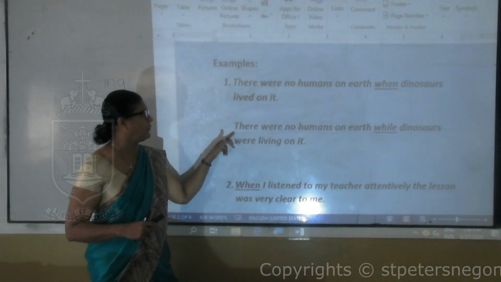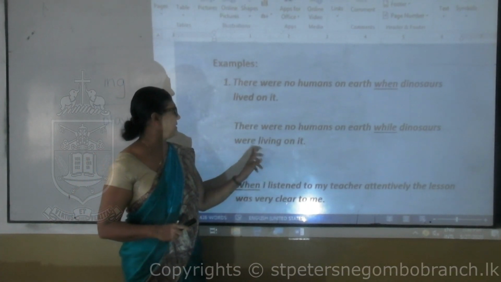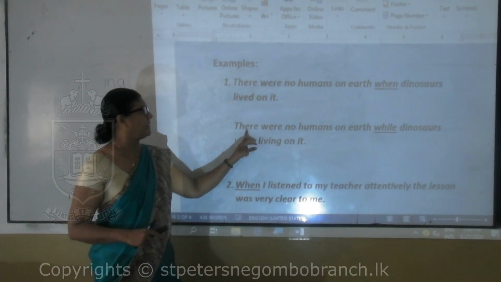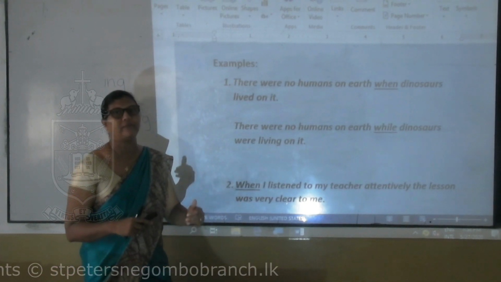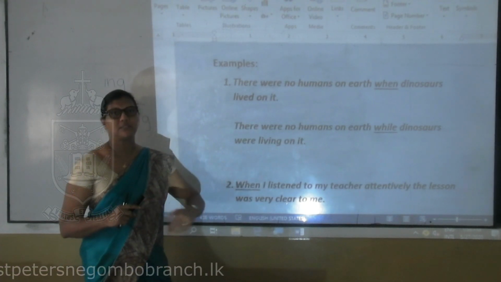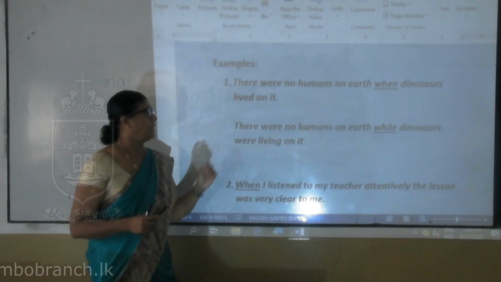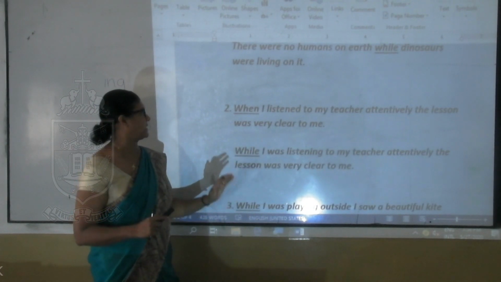There were no humans on Earth, that's simple, but the other sentence is in continuous tense. Continuous action: while they were living on it, there were no humans. So while is used for continuous actions.